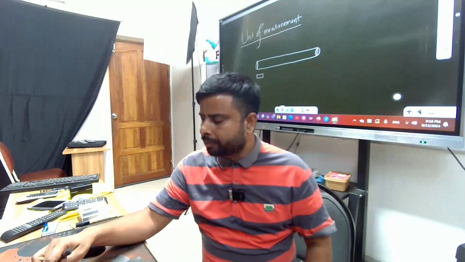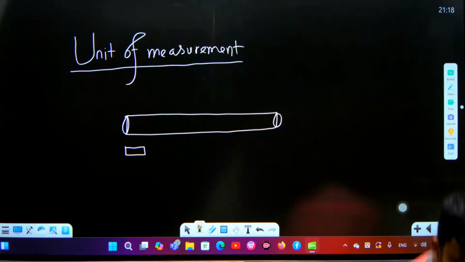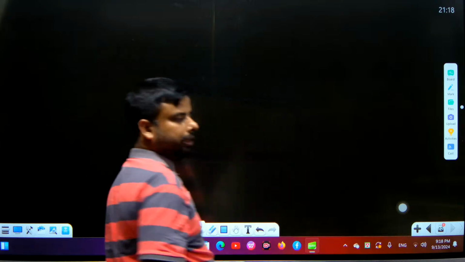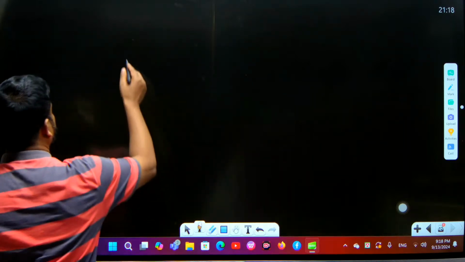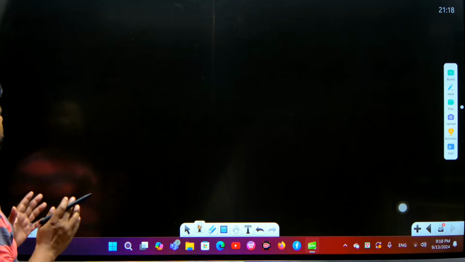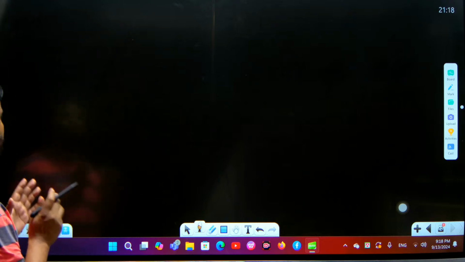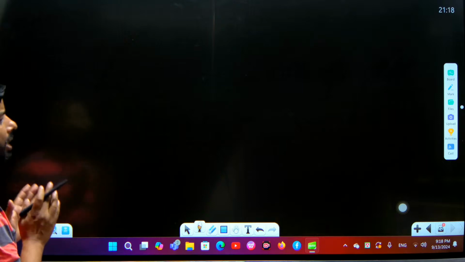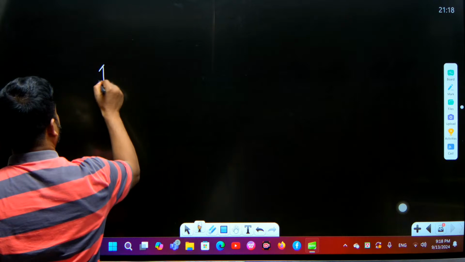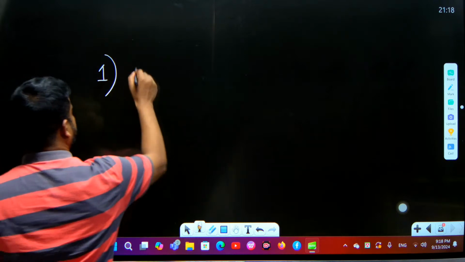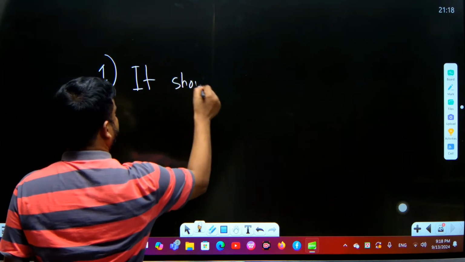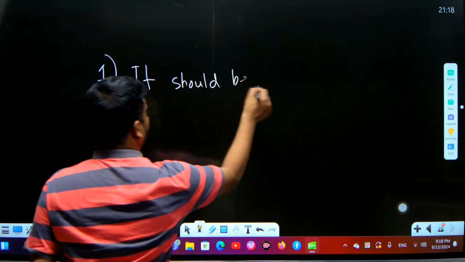The unit of measurement has some characteristics. Number 1, when we fix any unit of measurement, it should be well defined.